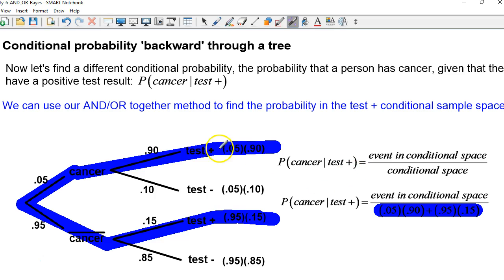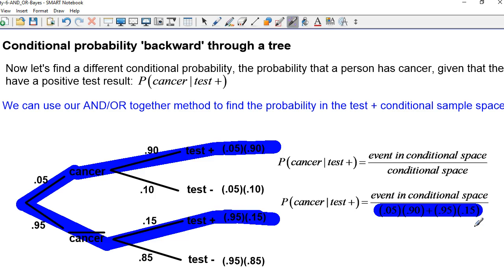So that would be the probability of being at this end node here is 0.05 times 0.9, and the probability of being in this end node here is 0.95 times 0.15. And since I can be there this way or this way, that means I would add those two. So the probability of the conditional sample space is all the ways, the total probability of testing positive, which is 0.05 times 0.90 plus 0.95 times 0.15.